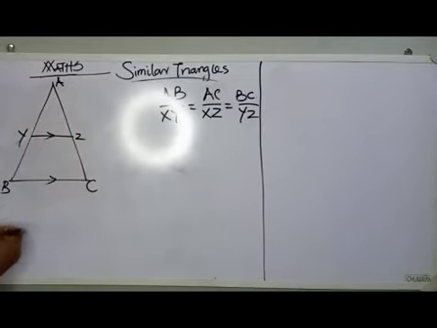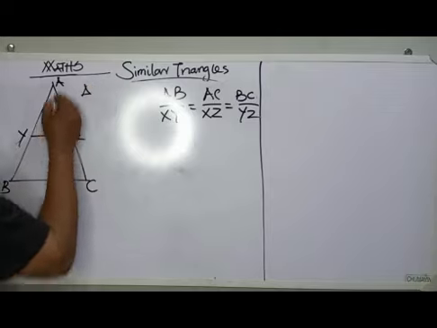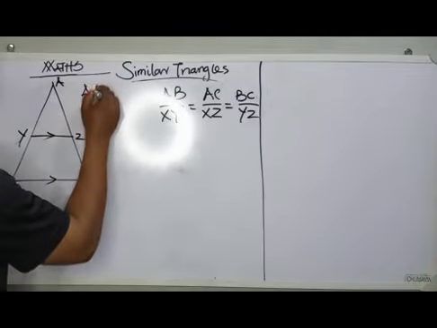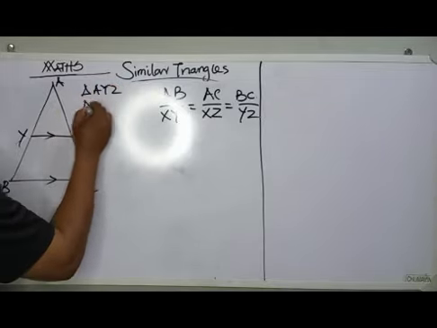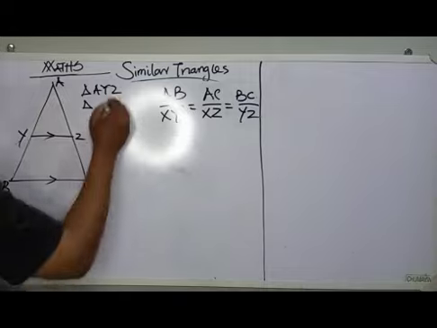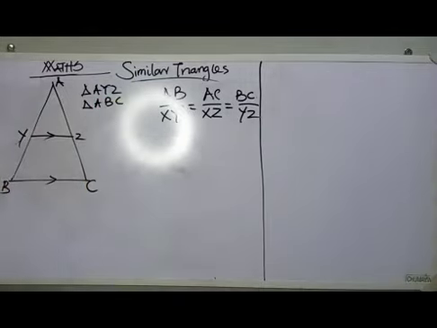So we can pick out two triangles here: triangle AYZ and triangle ABC. So these are the two triangles we can find here.